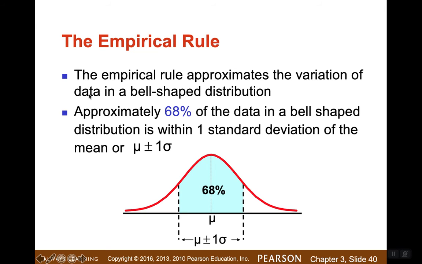Approximately 68% of the data in a bell-shaped distribution is within one standard deviation of the mean. So it's the mean plus or minus one standard deviation, which covers 68% of the data. That's how we use our plus or minus.